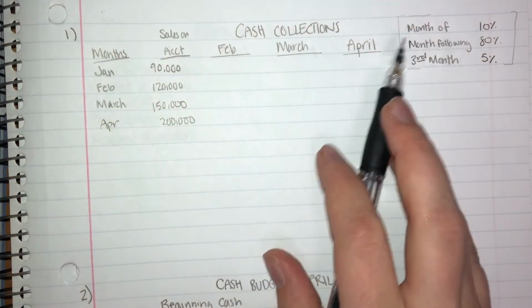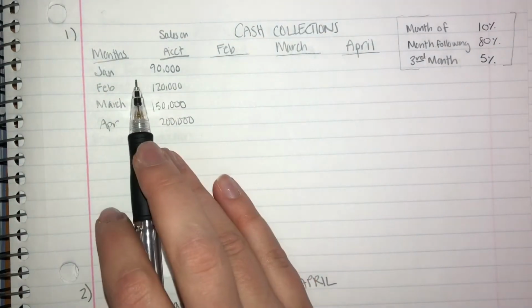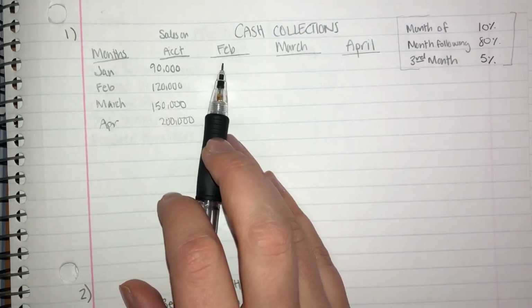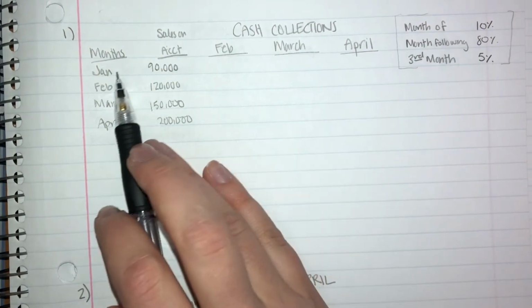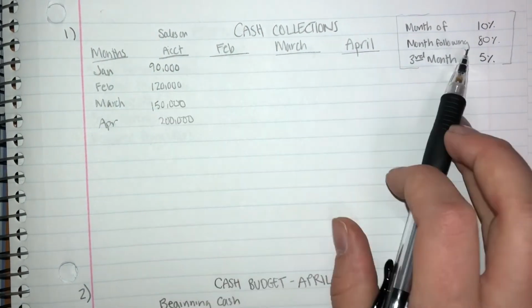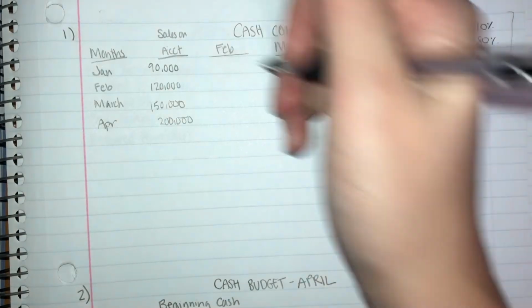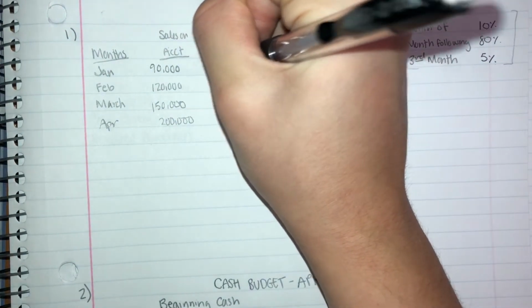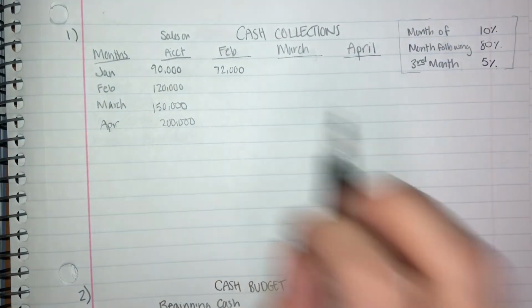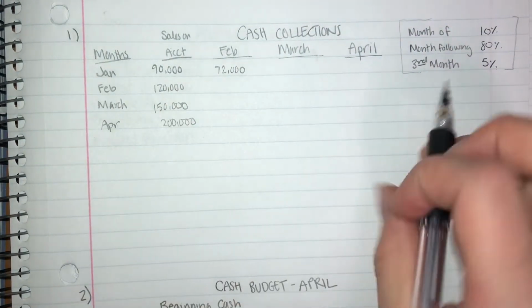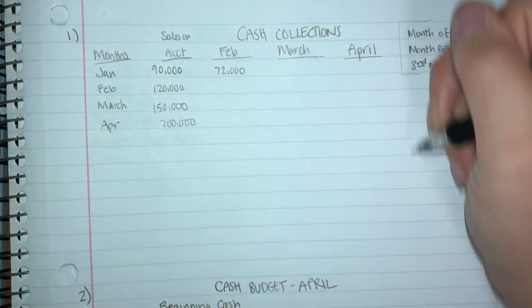So from January, February is the second month, so that would be the month following. We'd multiply 90,000 by 80%, which gives us 72,000. Then I like to go this way first. Some people like to go this way, it's up to you.